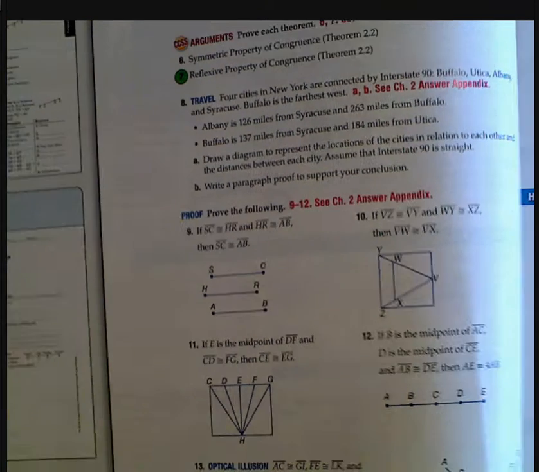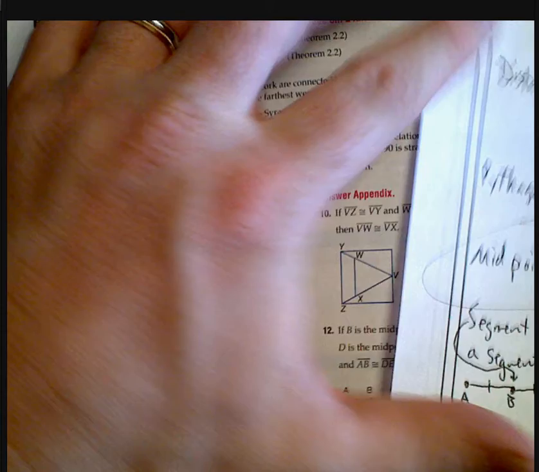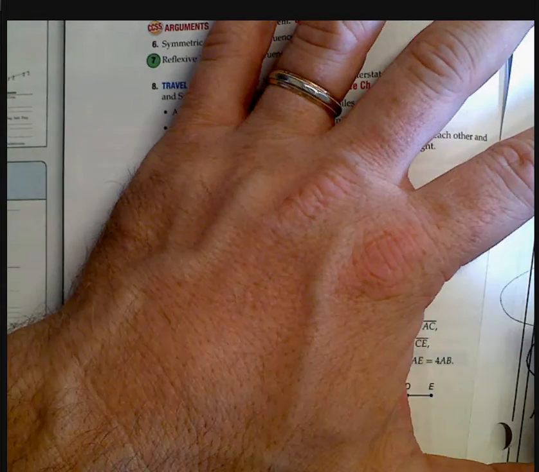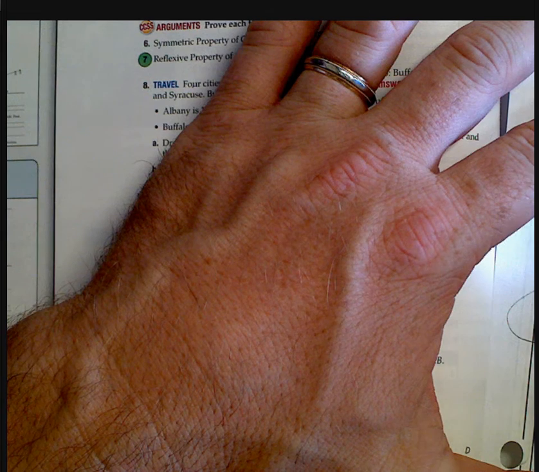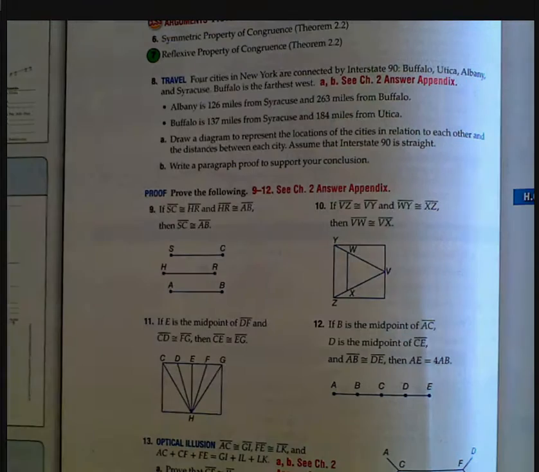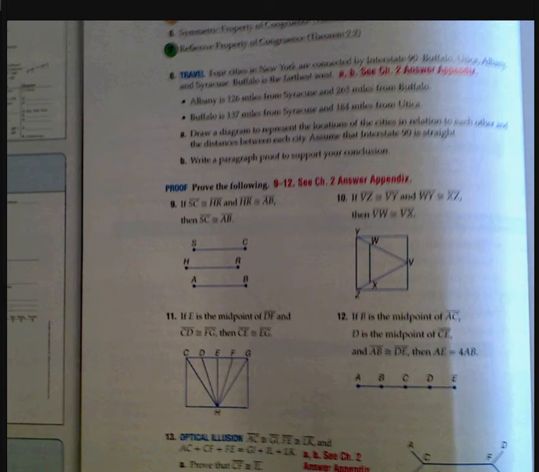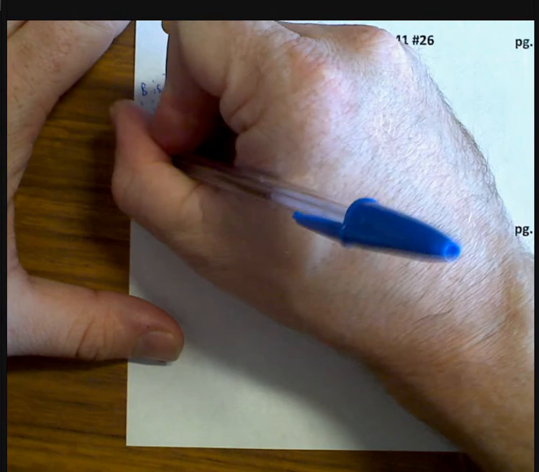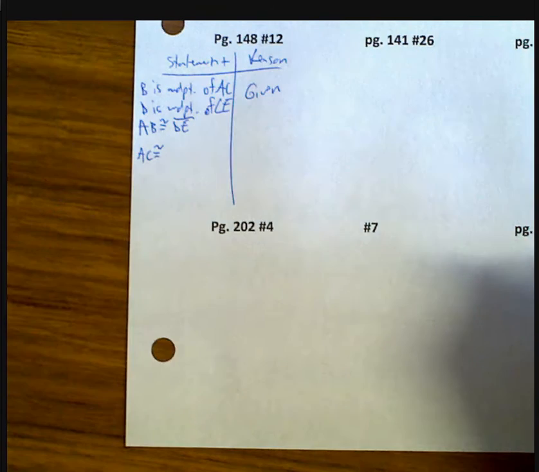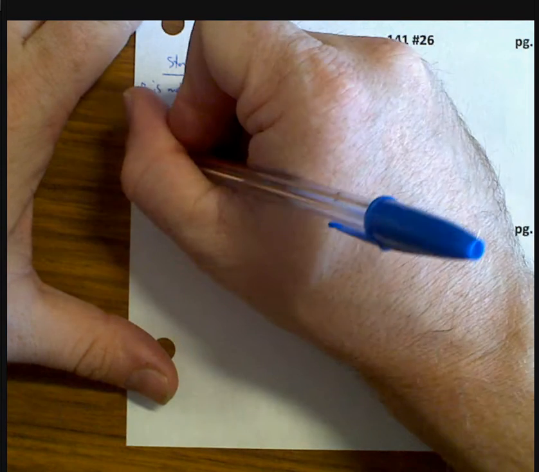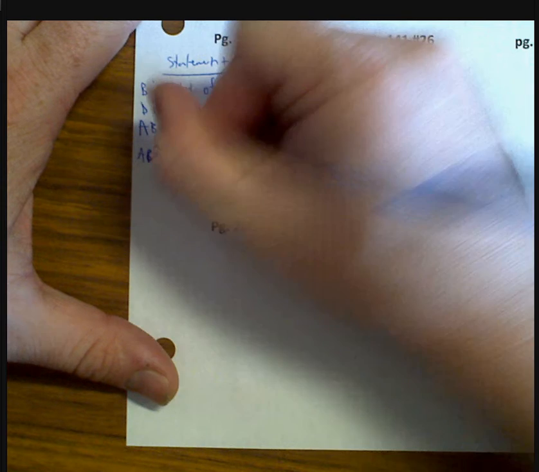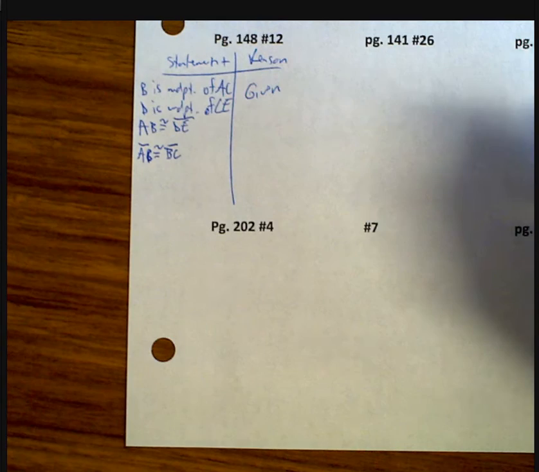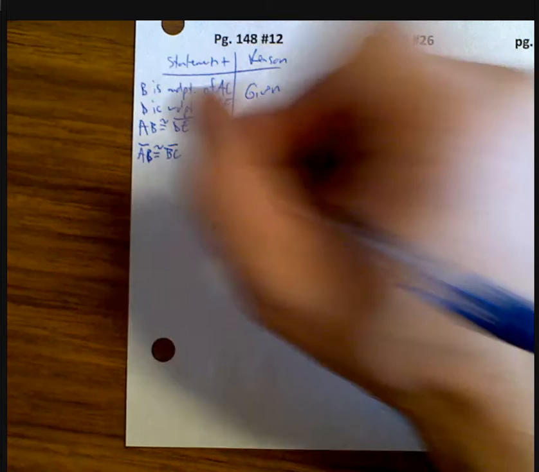So segment bisector is the same as it being a midpoint. So if I know that B is the midpoint of AC, then I know that AB is congruent to BC.